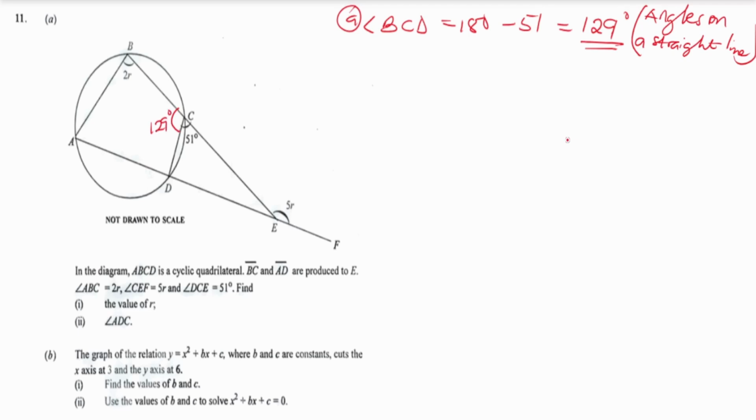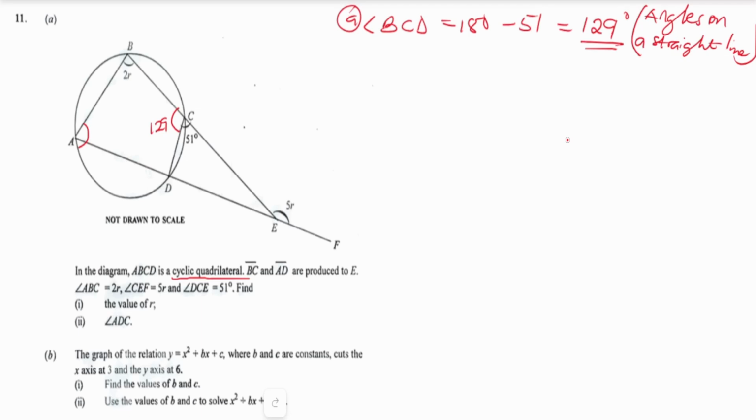Then I want us to pay attention to the part that says the diagram is a cyclic quadrilateral. One of the properties of a cyclic quadrilateral is that opposite angles are supplementary. So the angle at C, BCD, and BAD, this angle, will add up to 180 degrees.